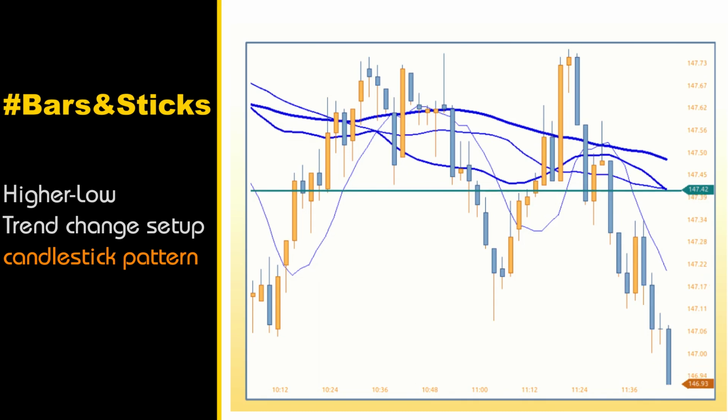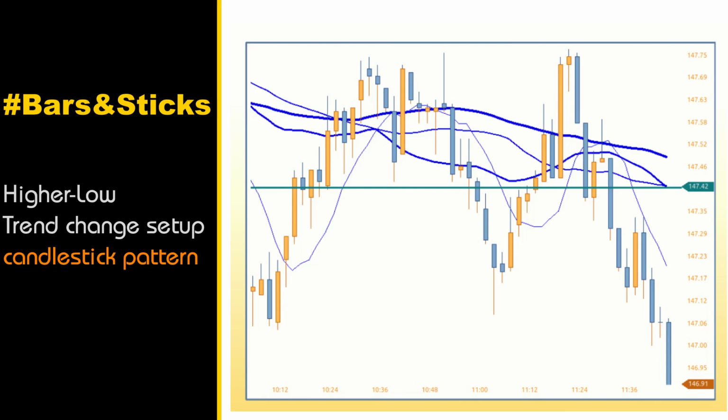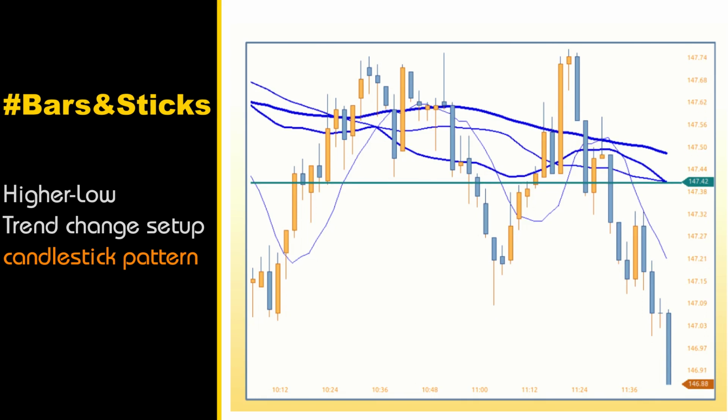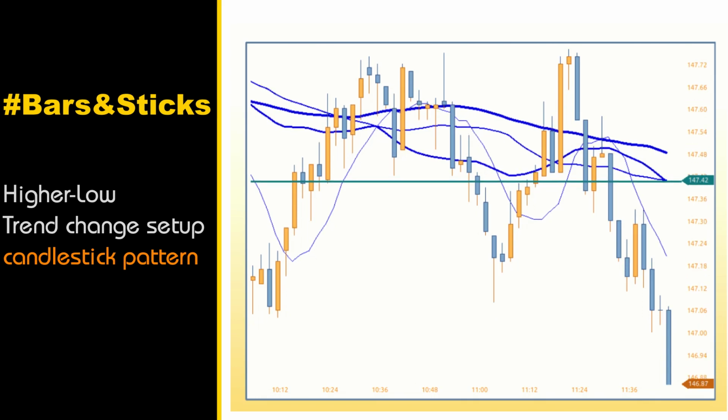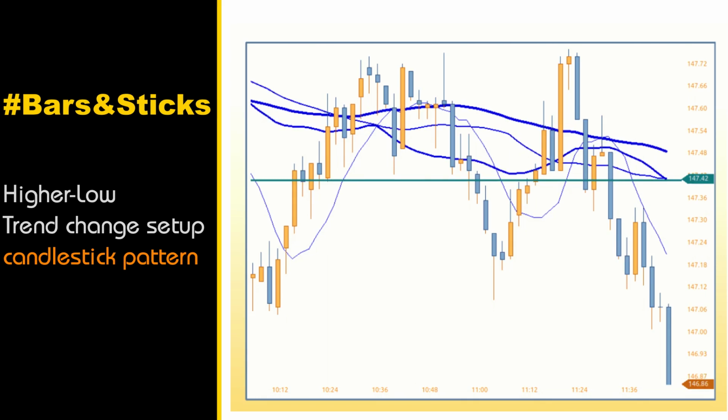So it broke below 147. Now I should start looking to take a little profit and start to reduce risk. But not yet. So here comes that 146.80 area. Now notice the size of this bar.